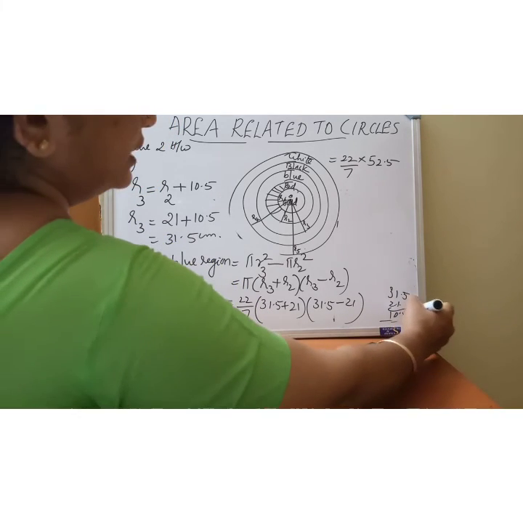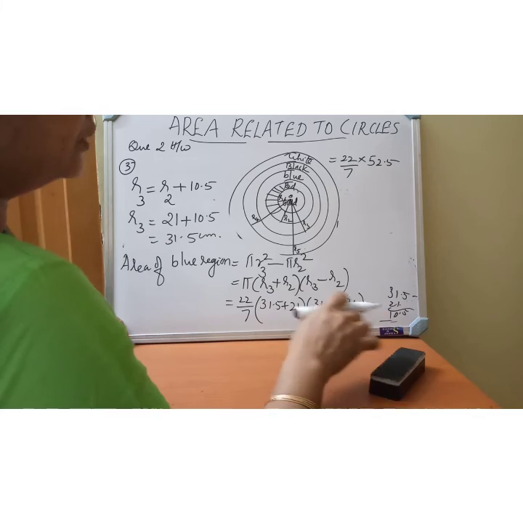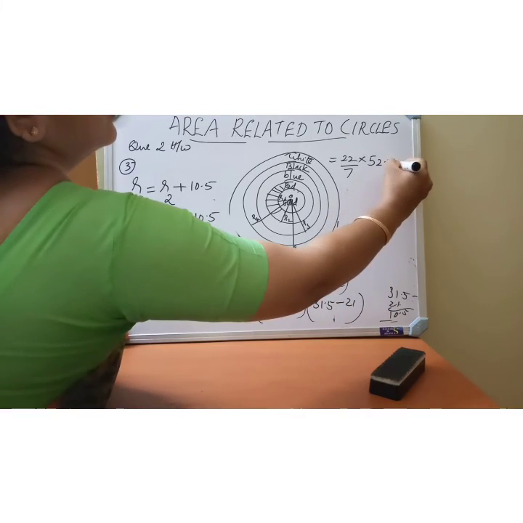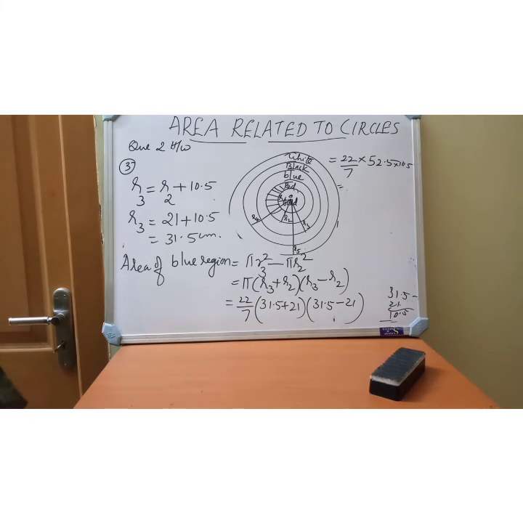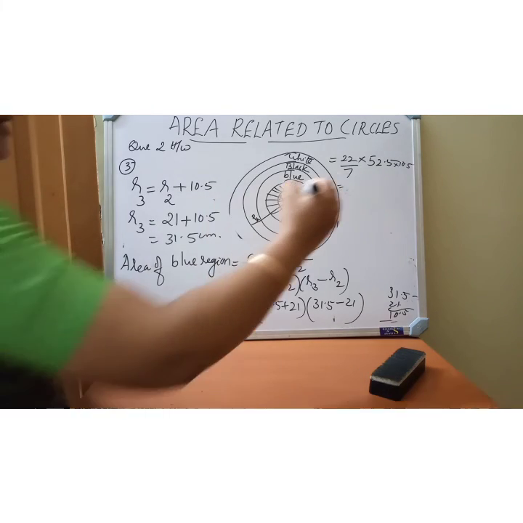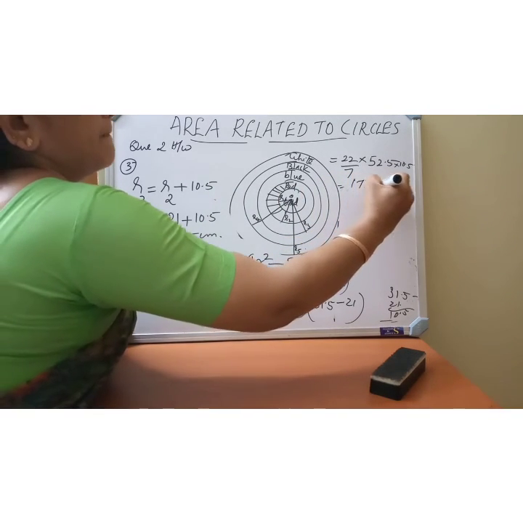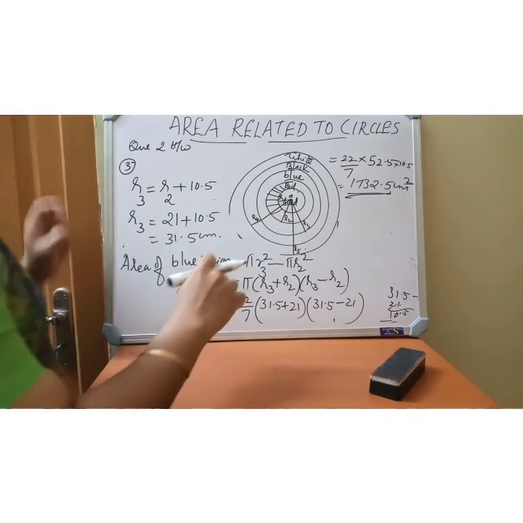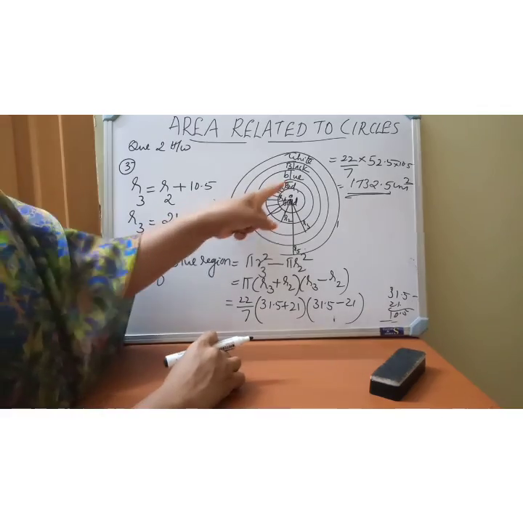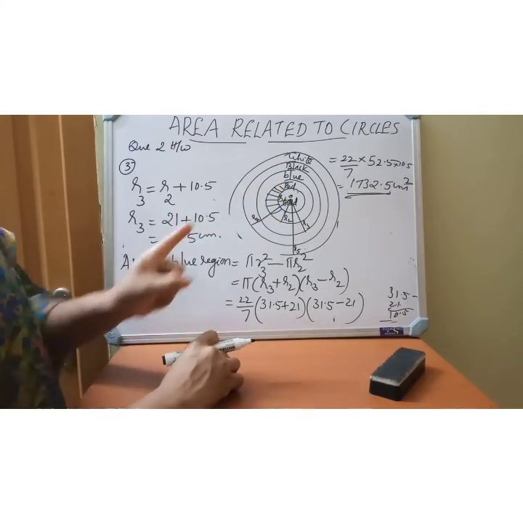So what you will get? 10.5. So after simplification, you will get the answer as 1732.5 centimeter square.